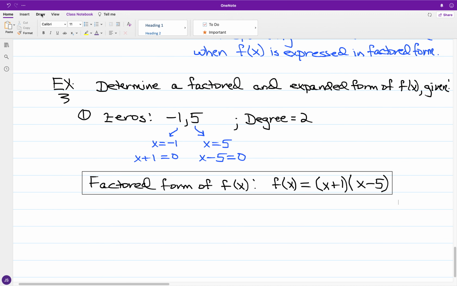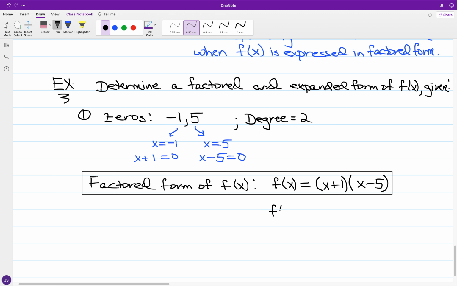Now for the expanded form, this is just foiling out what we have in the terms. Okay, so for the quantity x plus 1 times the quantity x minus 5, I have x times x is x squared. Outside product, we're going to have -5x.